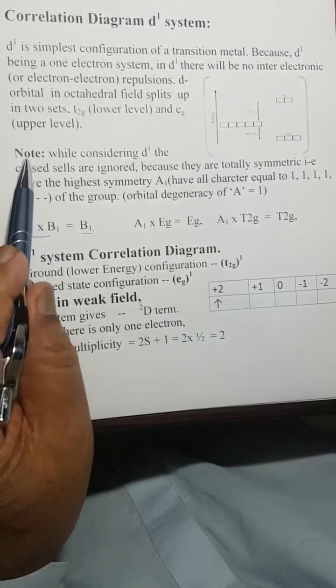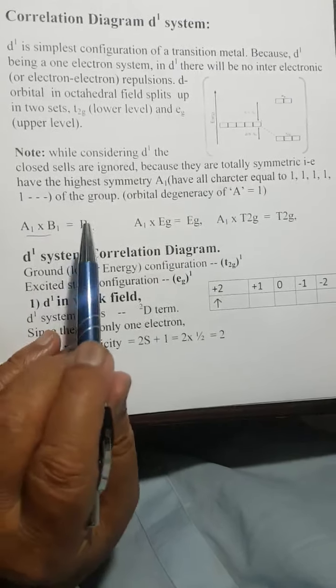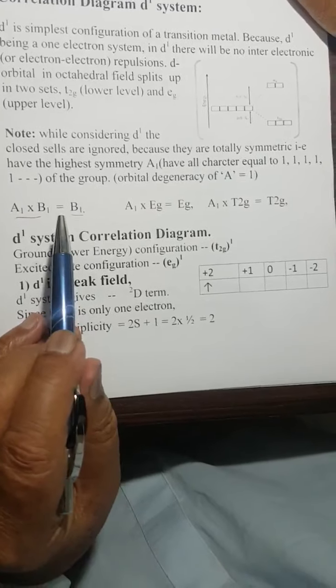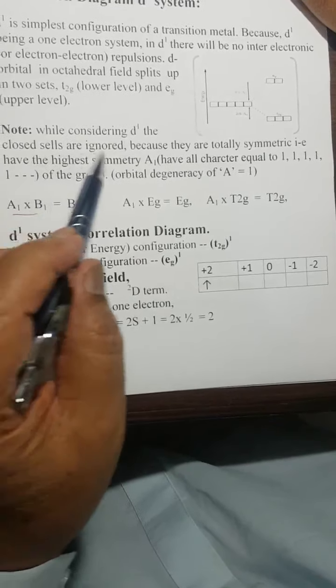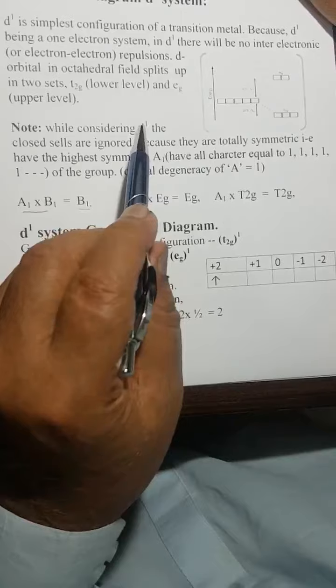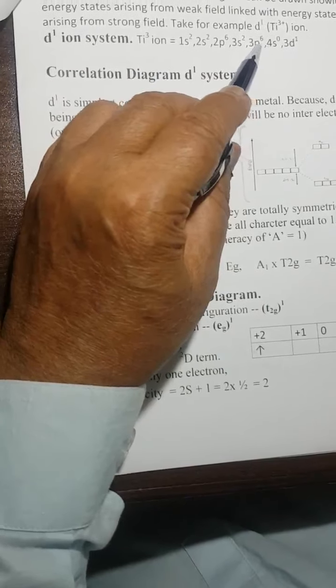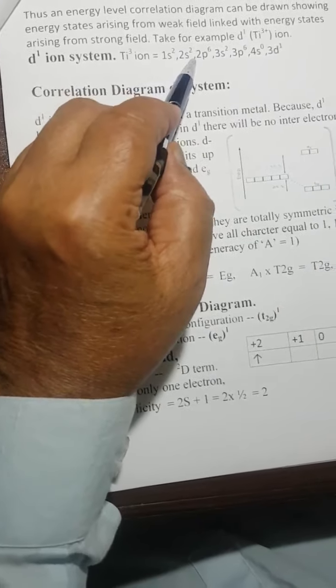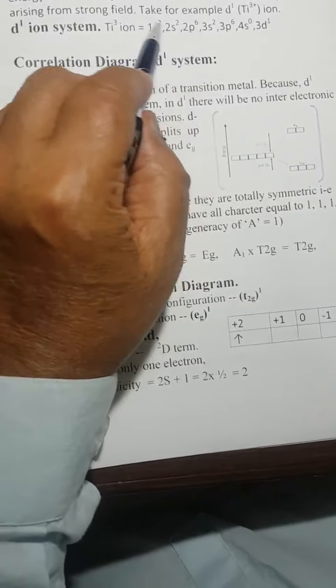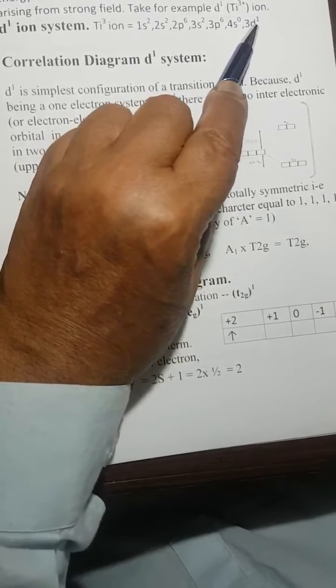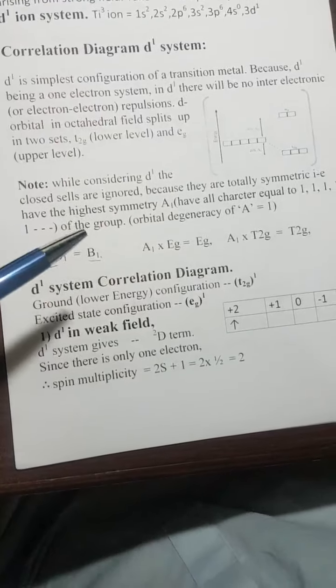Now here is one important thing which you should know, that in D1 case, we have this 1s2, 2s2, all these completely full, and we ignore that. We simply consider 3D1. Why we ignore that?